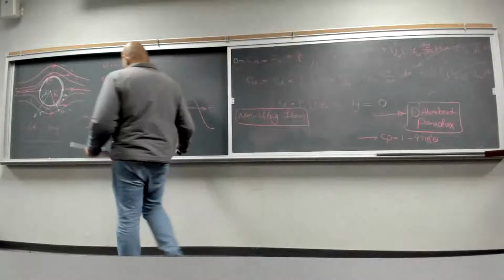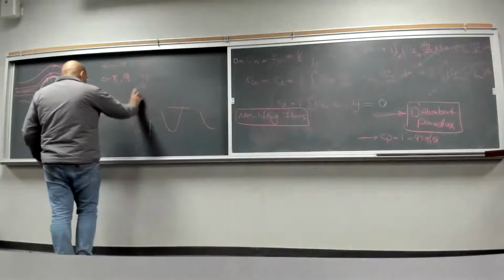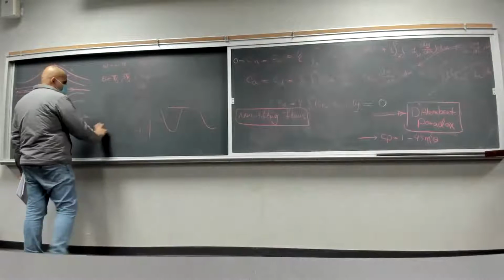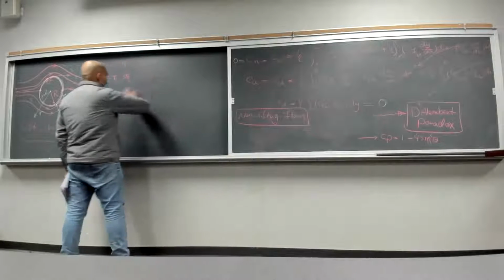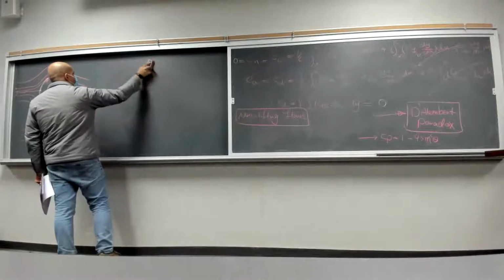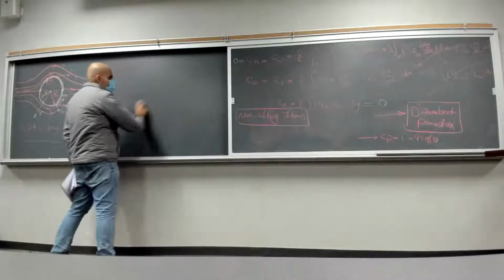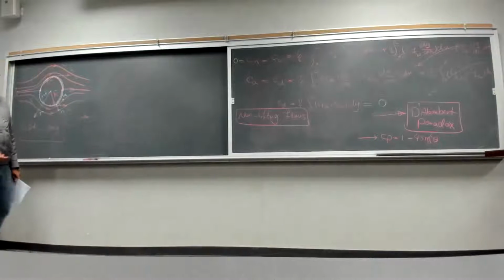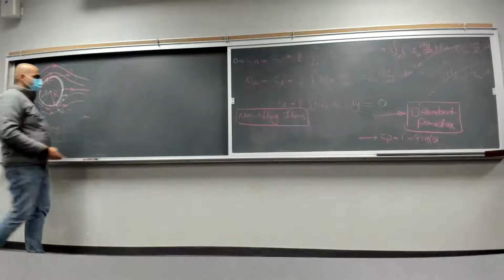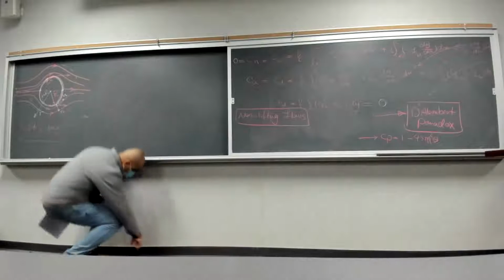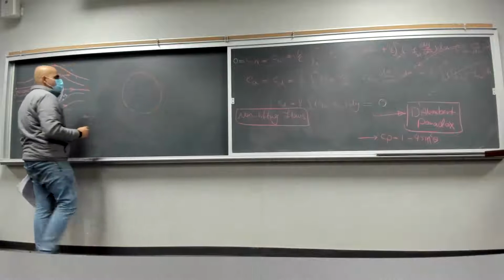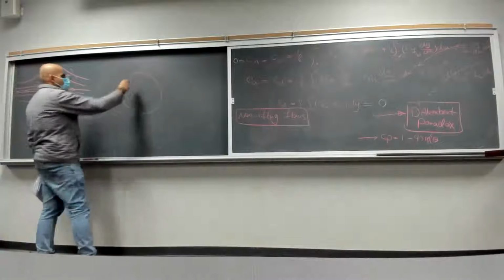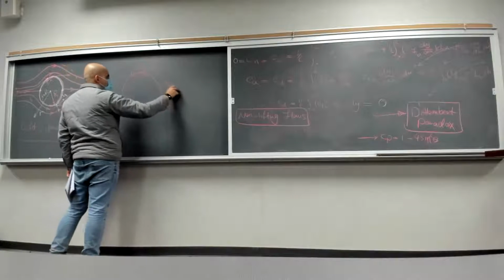But to understand this better, we essentially need to have a closer look at what is mainly responsible for the drag here. So look at the flow. Let's magnify this part.